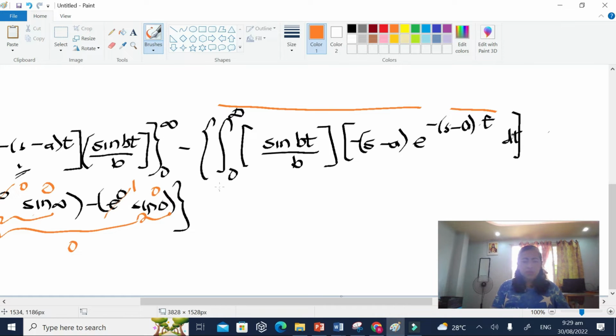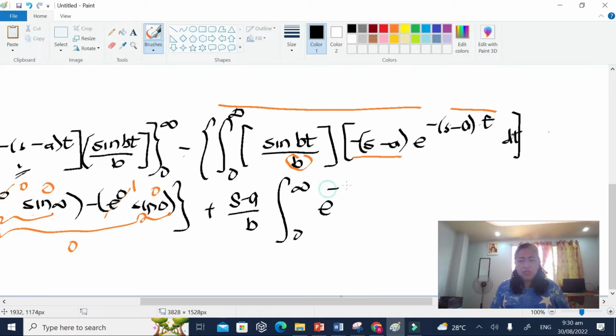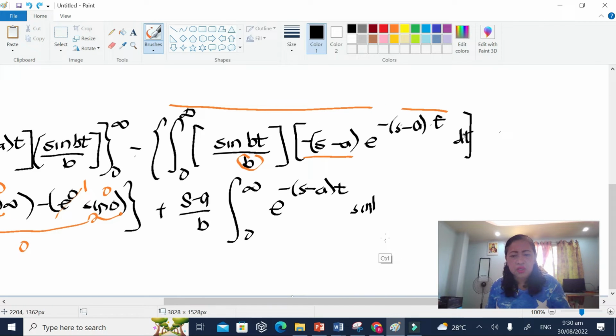So let's go now to integrate this one. This is negative (s minus a), and this is b. If we take them out, this will be negative and negative, so that will become positive: (s minus a) over b, times the integral of e to the negative (s minus a)t, sine of bt dt.